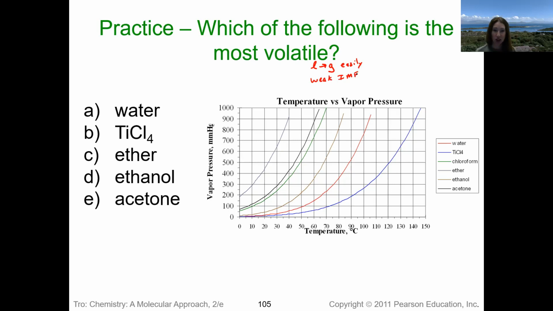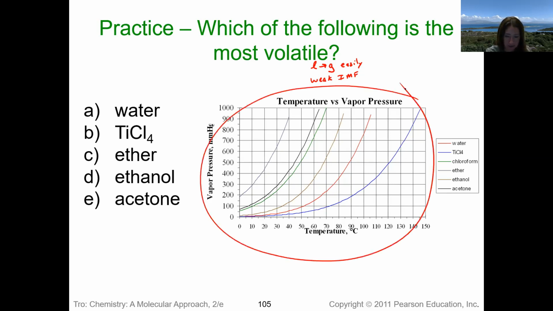So these are the questions you're going to be running across now. You're not only going to be having to draw Lewis structures to figure out if they're polar or non-polar, then you have to figure out their intermolecular forces and then how they behave, right? So that's why I didn't put this on your next exam. It's going to take us a while to practice with these. You obviously don't have to draw these, you can just look.